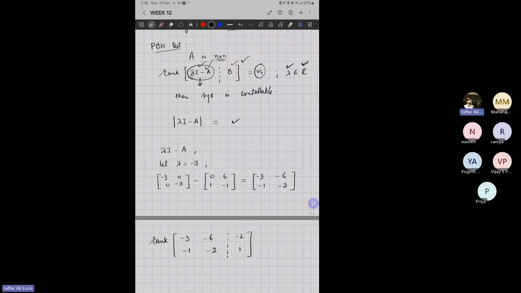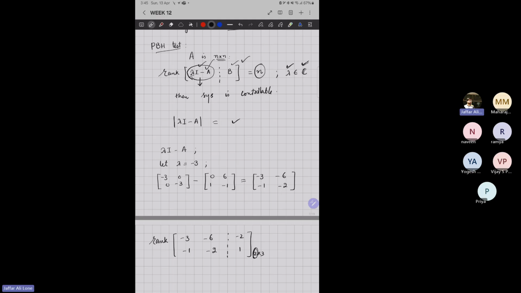What can be the rank of this system? It's a 2 by 3 matrix, right? So the rank is at most 2. It cannot be 3 because rank is at most the minimum of the number of rows and columns, right?